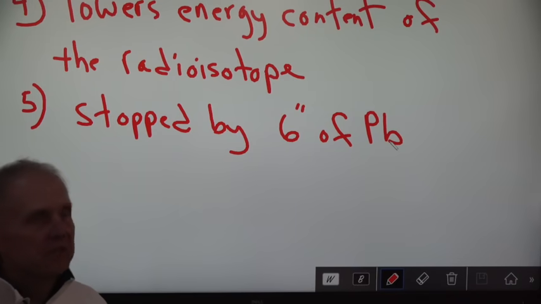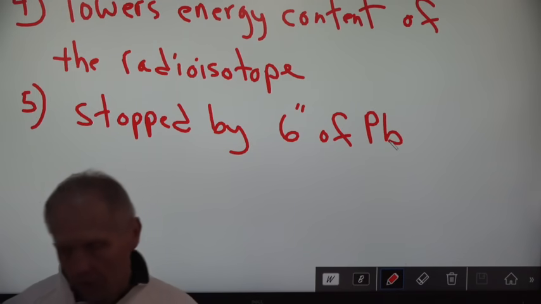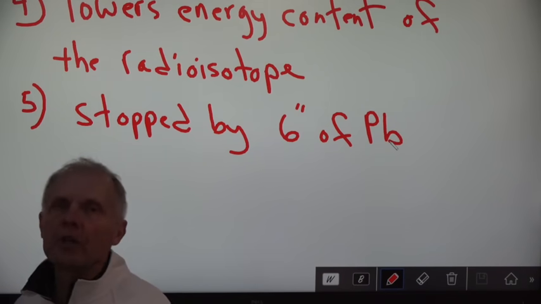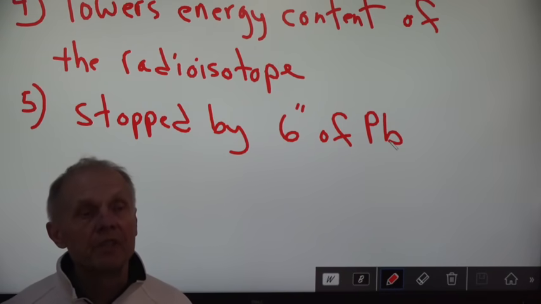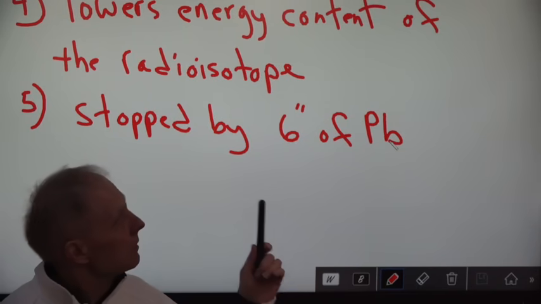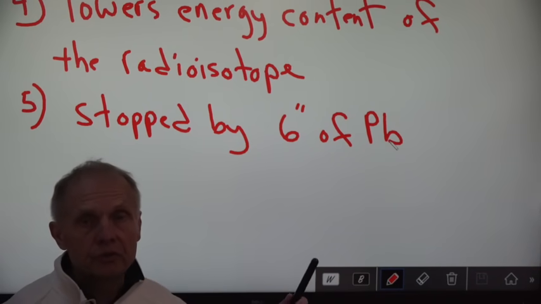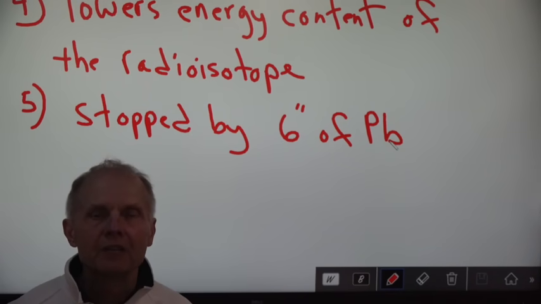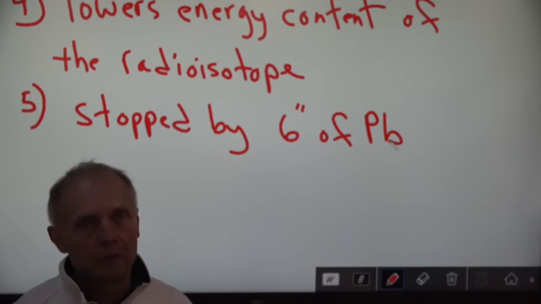But a school building, it would go through one wall, it would go through all the students, go through the other wall. Remember, these are really dangerous because radioactive particles that hit you kill cells. That's how it works.